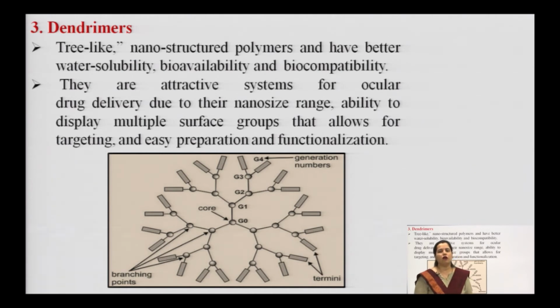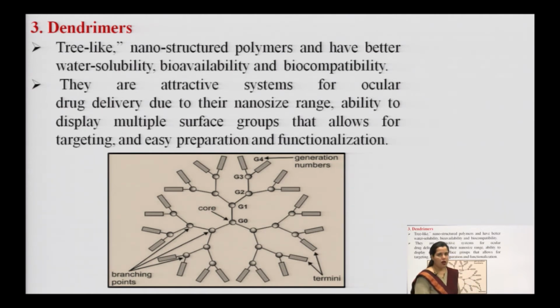So, these are basically nano-structured carriers which have better permeation, and again they can be targeted to the required eye region. They are an attractive system for ocular drug delivery due to the nano size range, the ability to display multiple surface groups that allow for targeting, and easy preparation and functionalization.